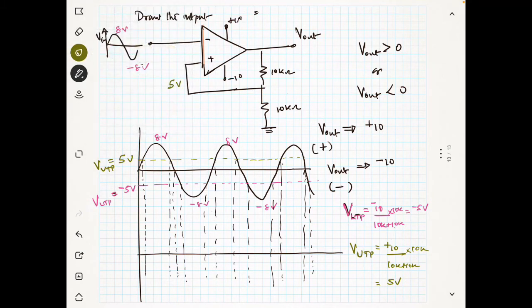In this portion we have Vin less than 5 volt. If Vin is less than 5 volt, that means the output will be positive. So output will always be positive. This positive output will be just plus 10 volt. So output will be positive.